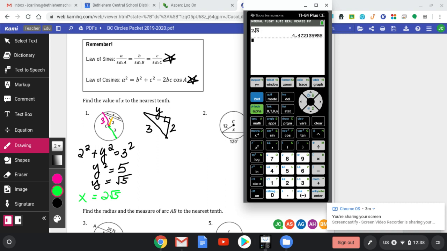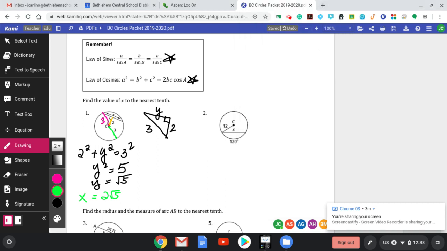About, it says nearest tenth, so 4.5. There you go. So really, I used 2 circle theorems there. I used the diameter perpendicular to a chord bisects the chord, and I used that any radii in the same circle are equal, to get to the Pythagorean theorem. Not bad. Let's see what else you got for me.